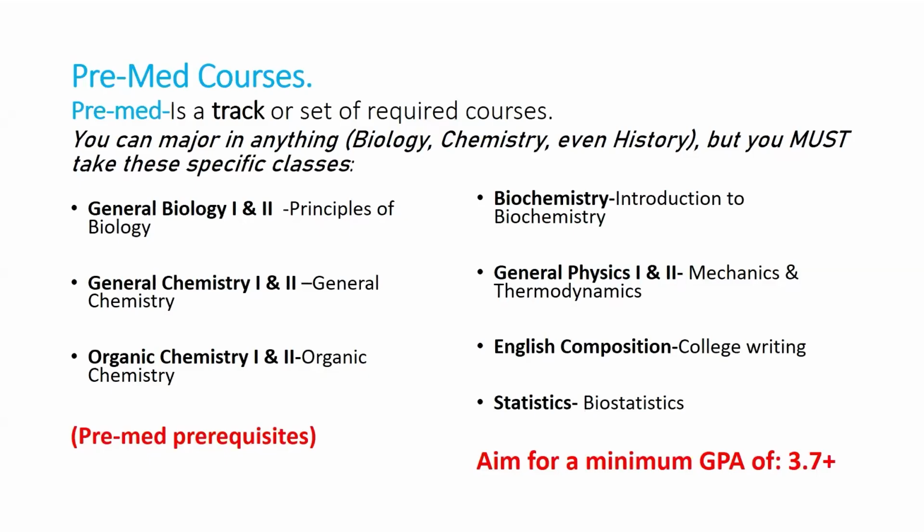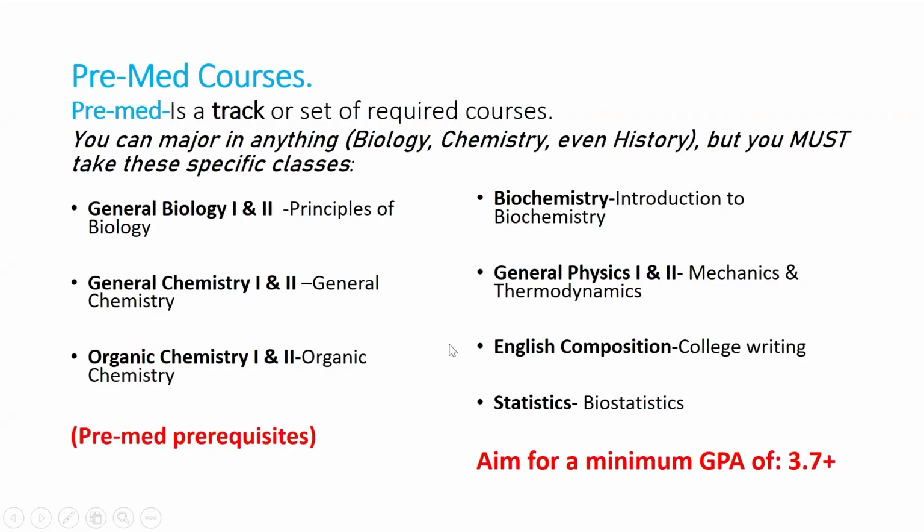Biology 1 is the overview, and biology 2 is where you dive deeper into biology, the human body, living things, and all of that. So you have to take general biology 1 and 2, general chemistry 1 and 2, organic chemistry, biochemistry, physics, English, and statistics. These are the pre-med courses that you have to take.